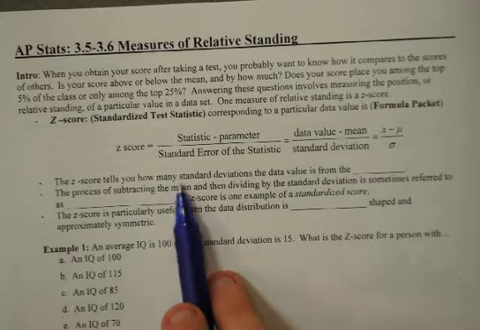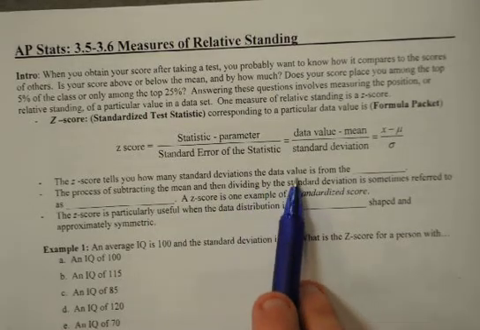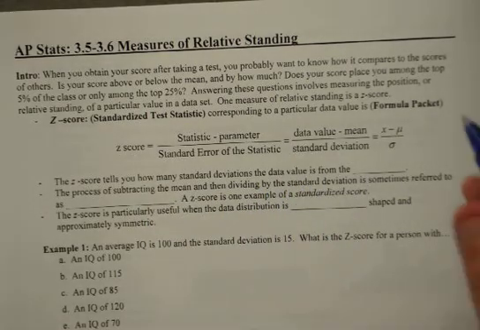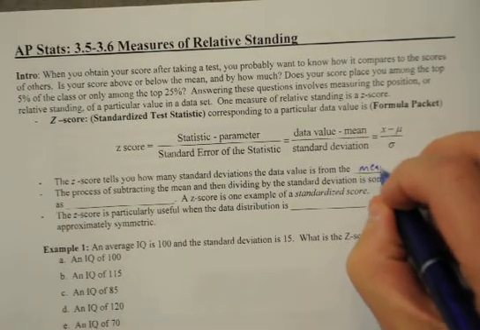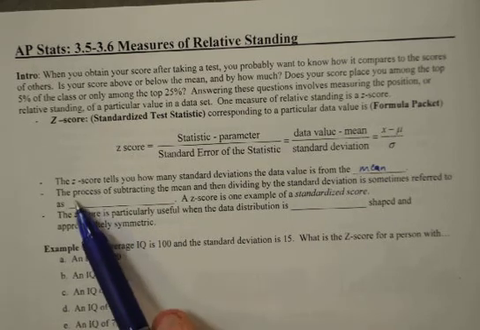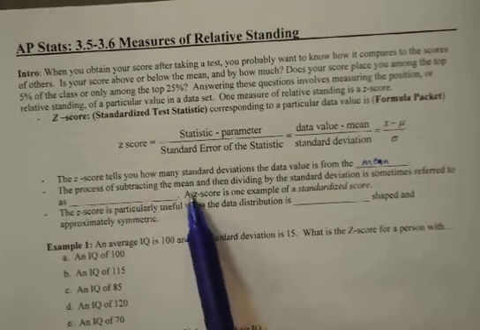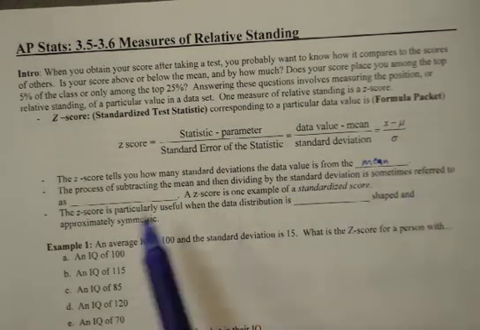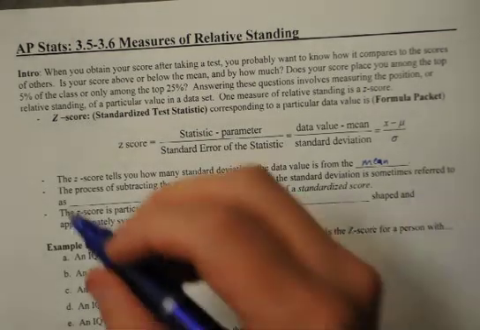The Z-score tells you how many standard deviations the data value is from the mean, or the typical value. How many standard deviations away are you? If you're a lot of standard deviations away, it's really unusual. The process of subtracting the mean and then dividing by standard deviation is sometimes referred to as standardization.